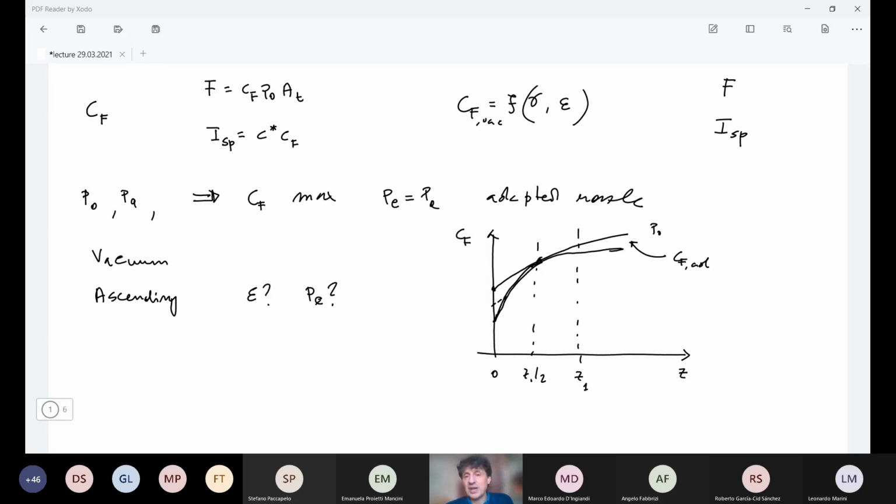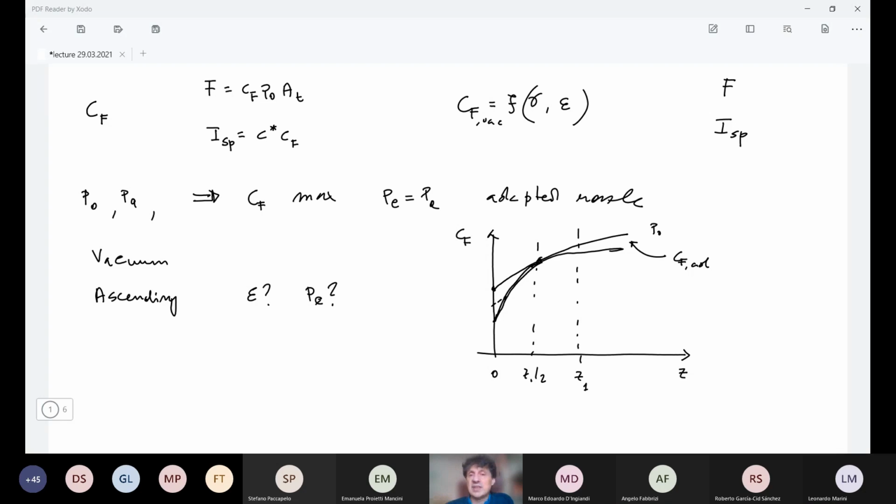And if you try to optimize the given point, it means that if you consider a core stage, a sustainer stage that will operate from sea level up to orbit, let's say, or up to very high altitude, it will spend most of its life in vacuum condition.